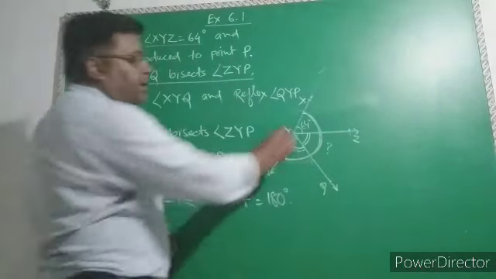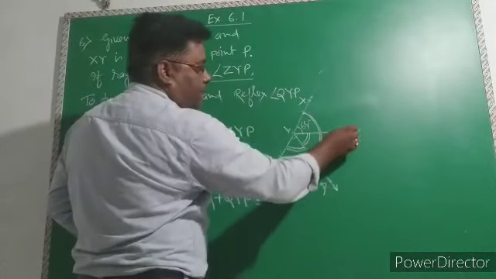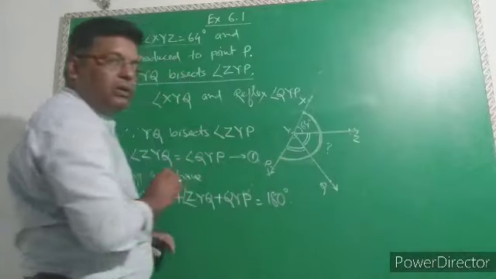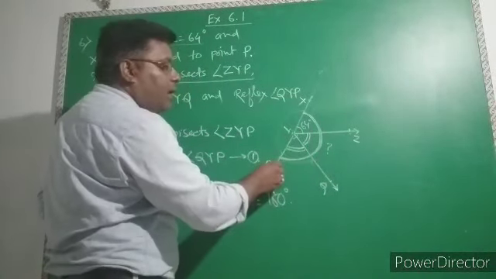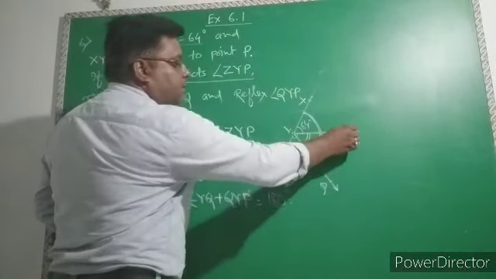Or you can write XYZ plus ZYP also. Then in case of ZYP, you can write twice of ZYQ because they are equal.